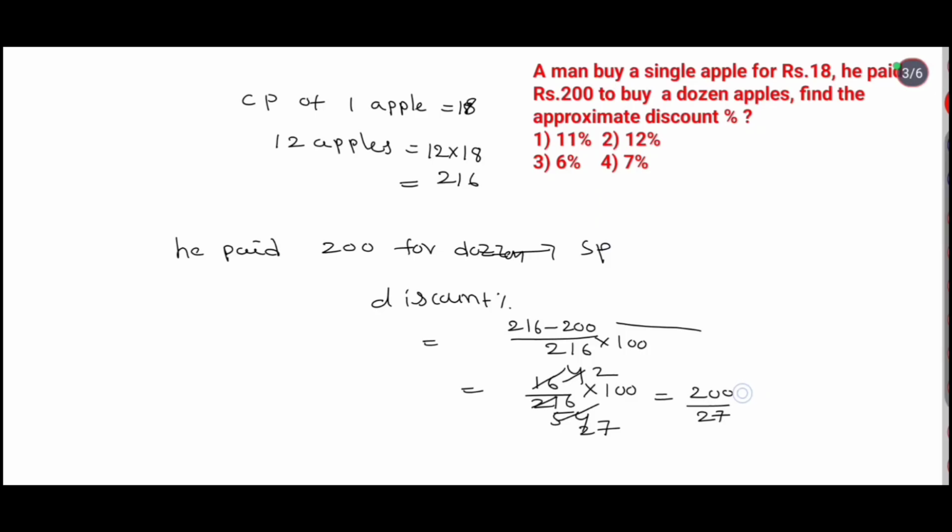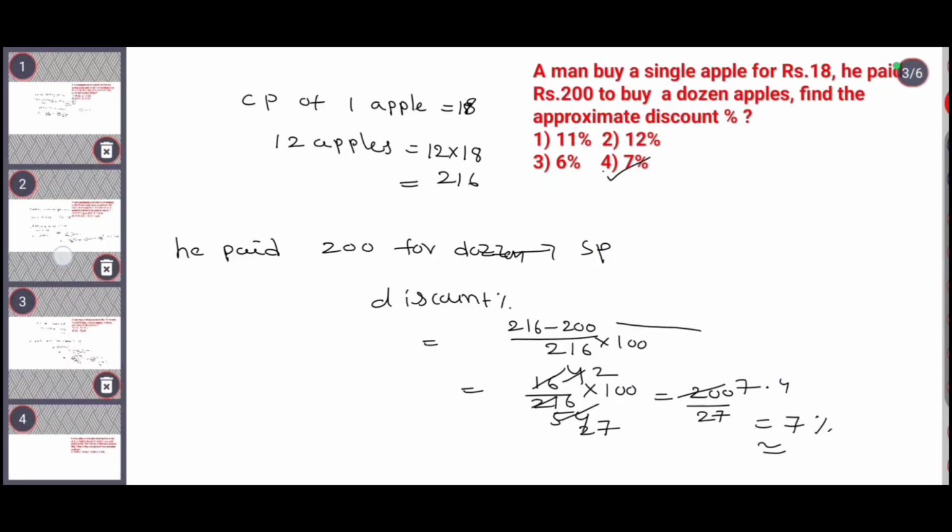Clearly 7. Approximately 7% discount. Rough calculation: 7.4, approximately 7%. Fourth option is the correct answer.